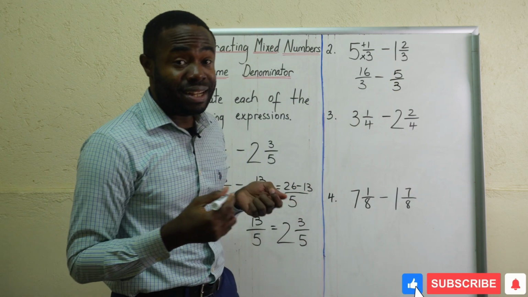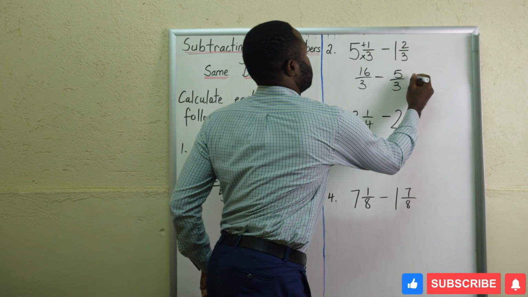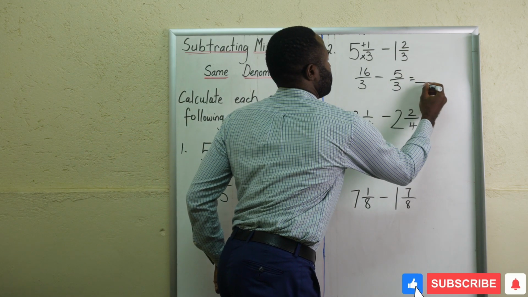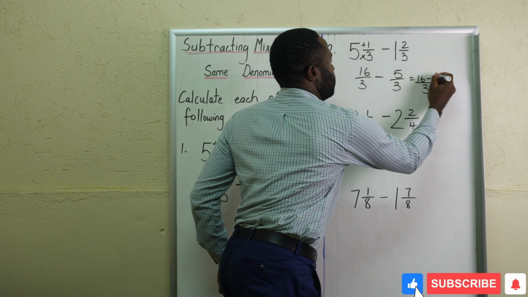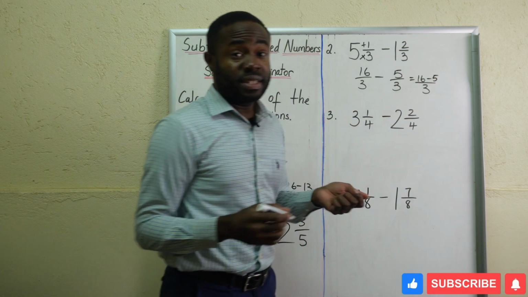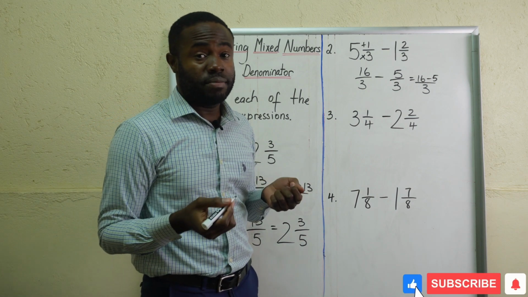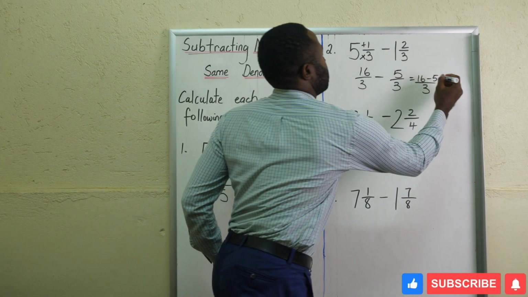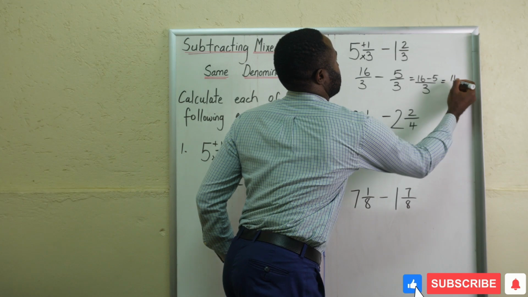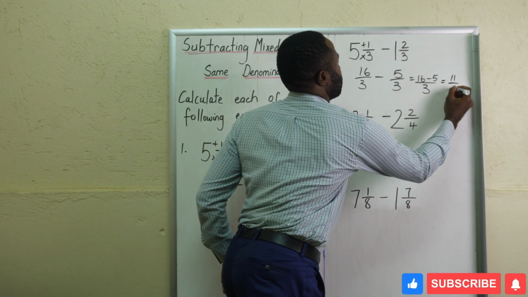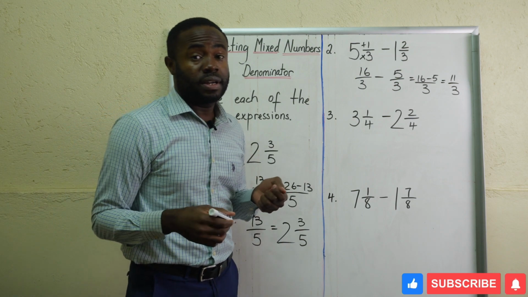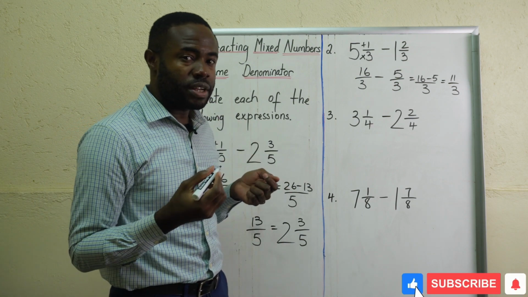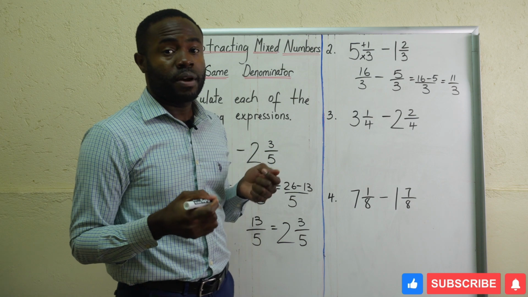Again, when the denominators are common, you simply put back the 3 and then subtract our numerators. So that is 16 minus 5, and 16 minus 5 will give us 11, and that will be 11 over 3. Again, 11 over 3 is an improper fraction, and that can be converted to a mixed number.